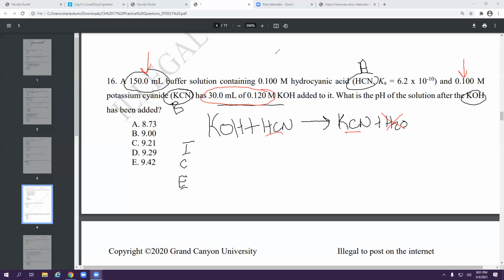So 150 milliliters to liters gives me what? Is it 0.15? Liters, cool.